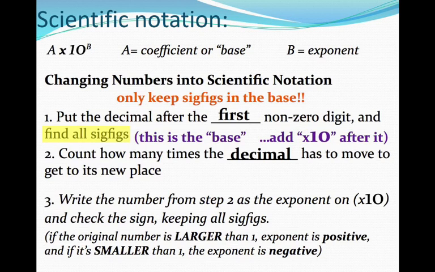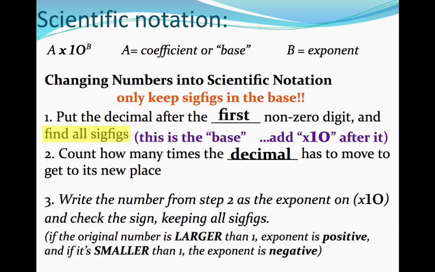If the original number is larger than 1, then that exponent will be positive. If the original number is a decimal smaller than 1, like 0.5 or 0.05 or 0.00153, any of those numbers will have a negative exponent because they are less than 1. So that's how I remember it.